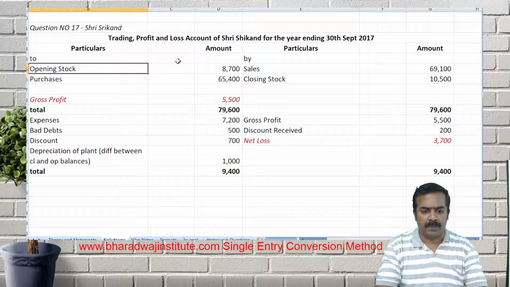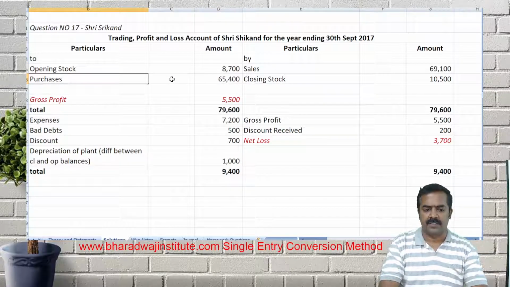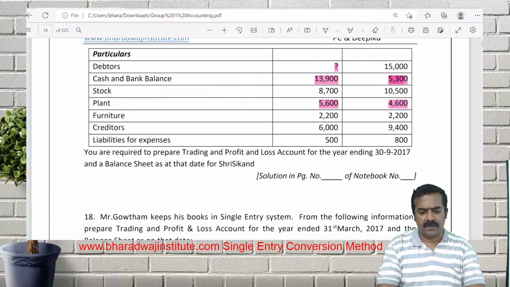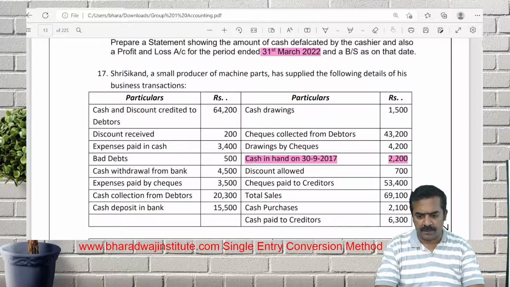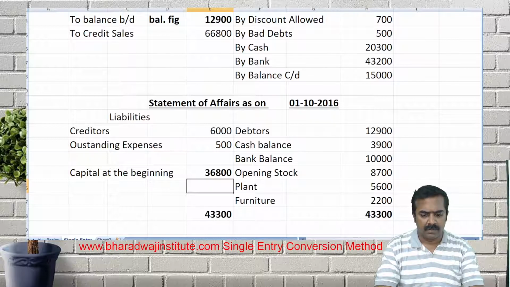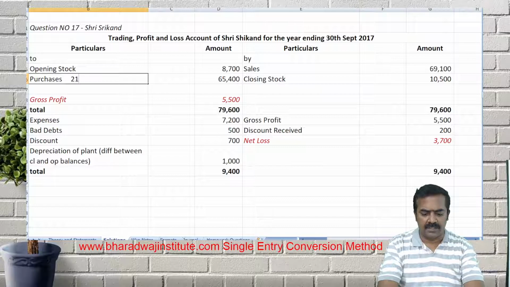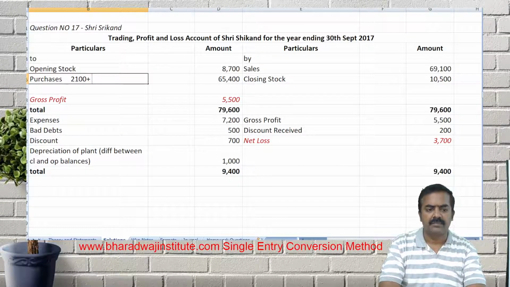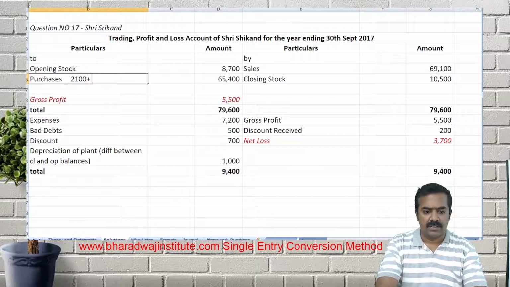Check your answer. Opening stock 8,700. Purchases means both cash and credit purchases. What is the cash purchase? How much is the cash purchase? 2,100. Credit purchases we worked out. Add both. 2,100 plus credit purchase, how much have we got? Balancing figure of the creditors account we did, 63,300.